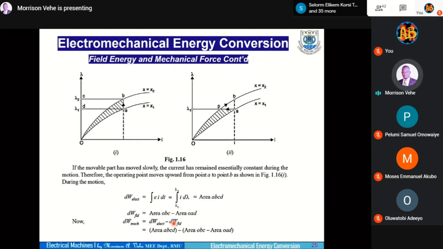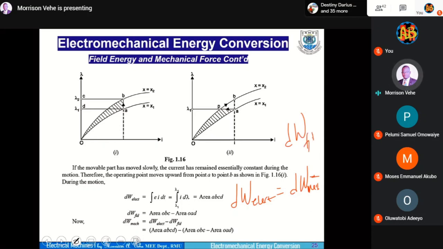If we also know that our mechanical system is as a result of the electrical system, but it went through a field or coupling system, so that our output, like we looked at from the beginning of this discussion, will be equal to dW mech plus dW field, in terms of what is happening in the field.